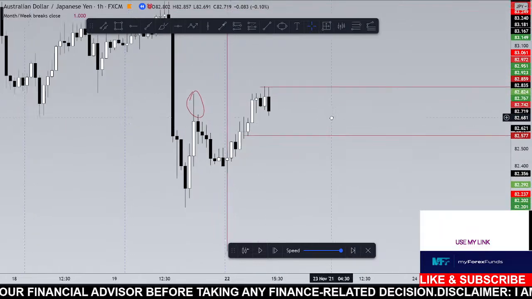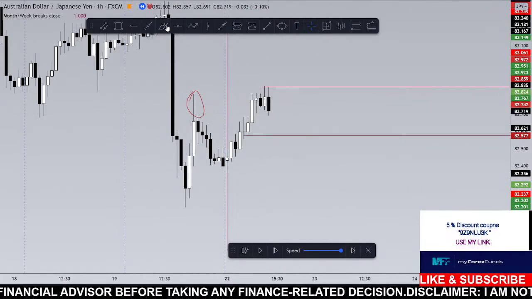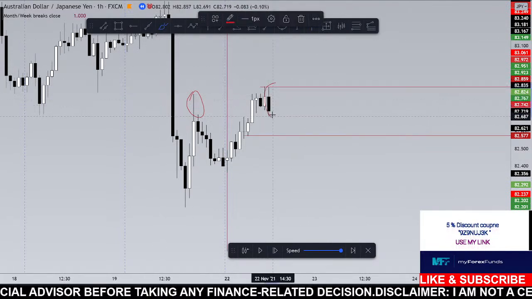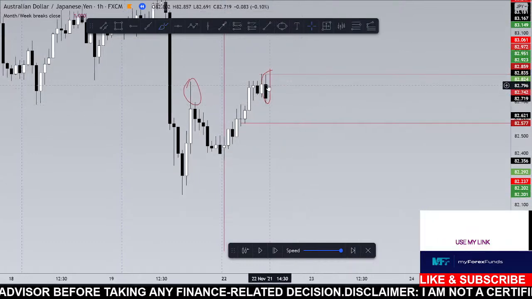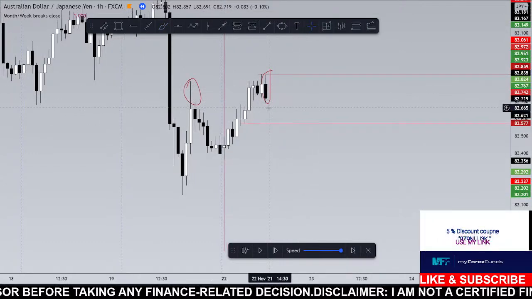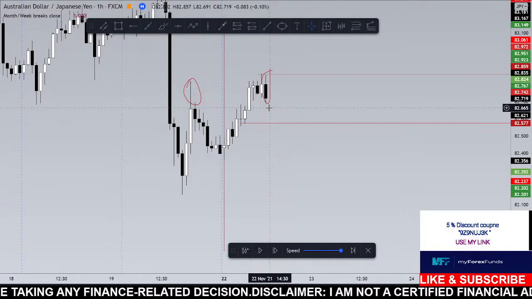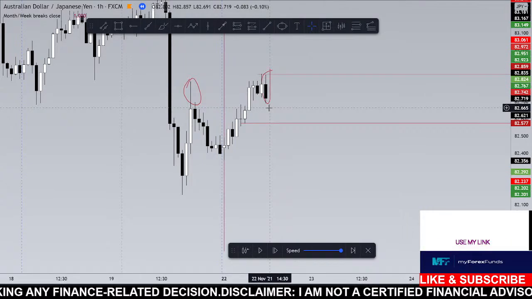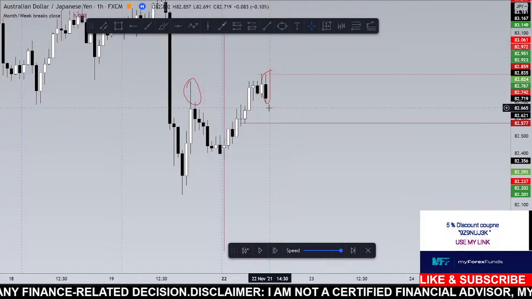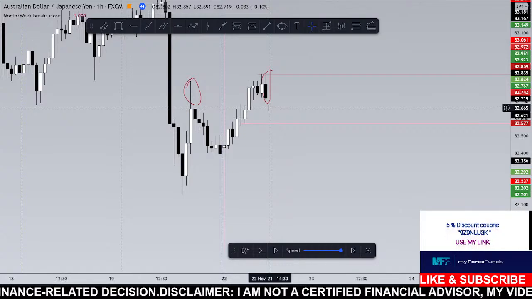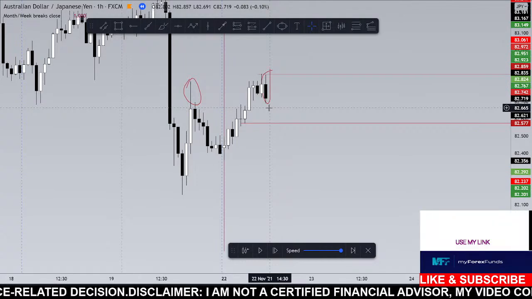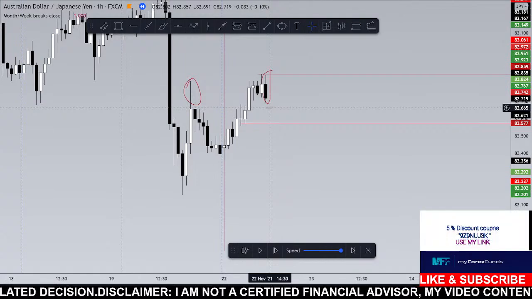This candle again broke the high and retraced. But if you see this candle, do you really think that this is an impulsive candle which wants to go down? For me, this is not that impulsive that it will continue its move down. For me, this is just a normal candle which is looking like an impulsive candle, but not an actual impulsive candle.